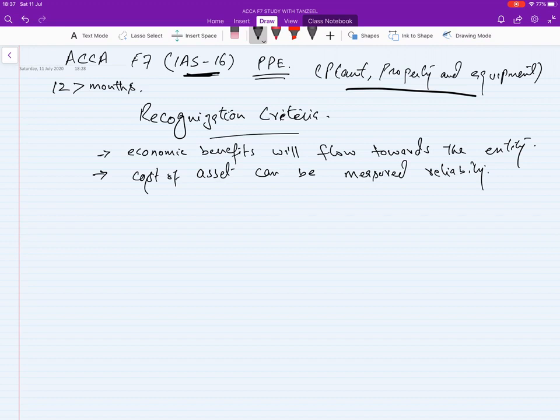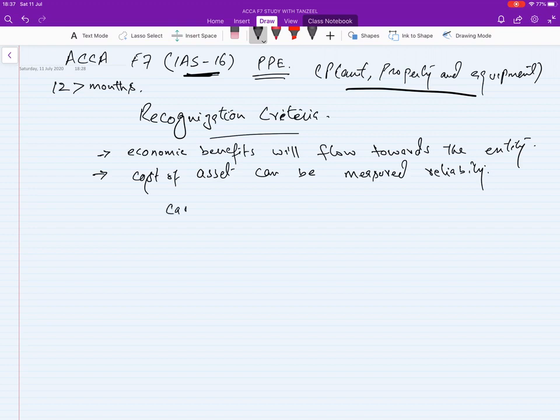I'll give you an example. If you have a plant, a car, or a building, then you can consider it as your PPE, as your asset, and it will be covered under IAS 16.